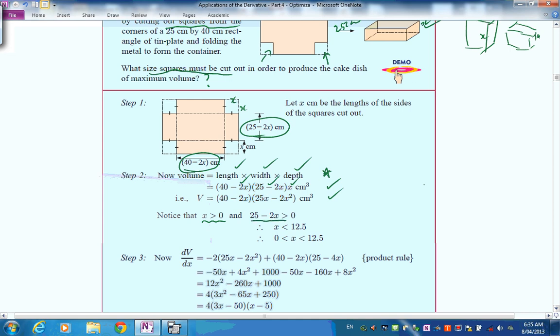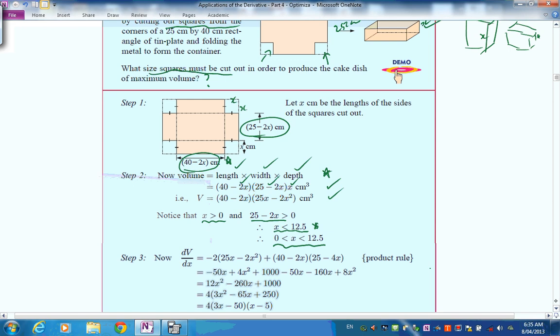The two lengths there must both be greater than naught. What is the shorter one? 25 take 2x. So x has to be less than 12.5. We haven't bothered with the 40 take 2x because 25 take 2x is the smallest one. It's going to therefore mean that you can't go over 12.5, otherwise you'll have no breadth or width of the thing.